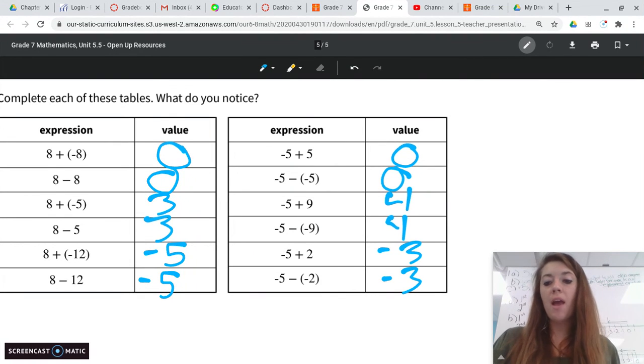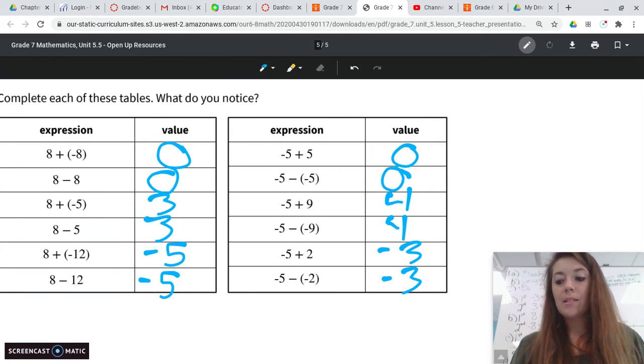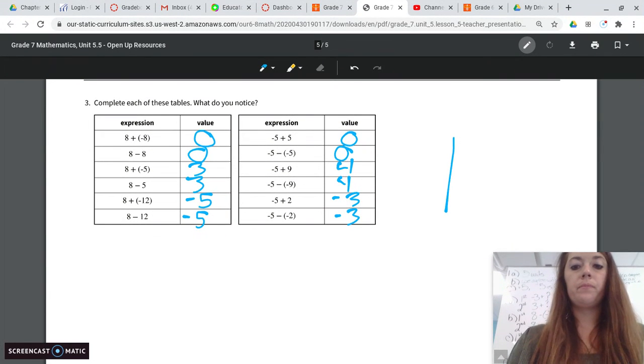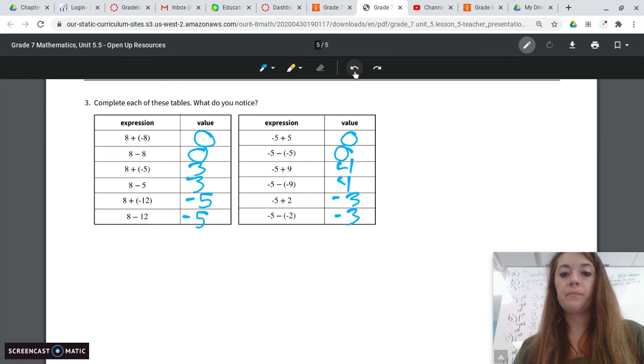So remember, anytime we have minus a negative, it's the same thing as adding that value to it. So what we should notice is that subtracting a number is the same as adding its opposite. So let me write that out on here.